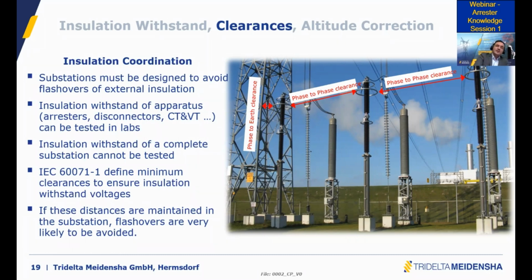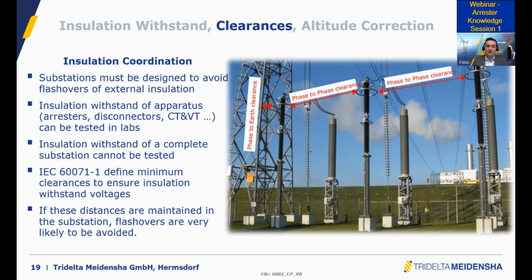If you do part one, the insulation withstand voltage, and make the configuration properly on the surge arresters, then we are not talking about the equipment. We are only talking about, as you can see on the picture, potential clearance issues on the substation between two equipments or between the equipment and the structure.